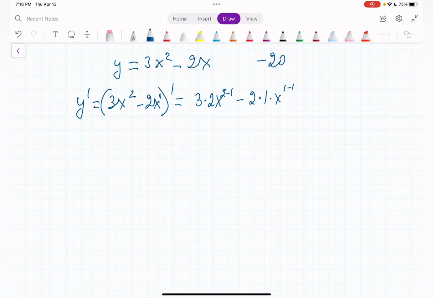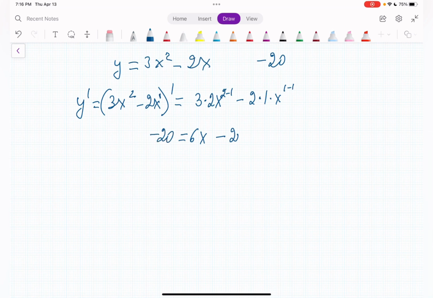So we are getting 6x to the power 1, or we clean that 1, and minus 2, x is gone, right? 1 minus 1 is 0, x to the power 0 is 1, so minus 2. And our derivative is equal to negative 20.